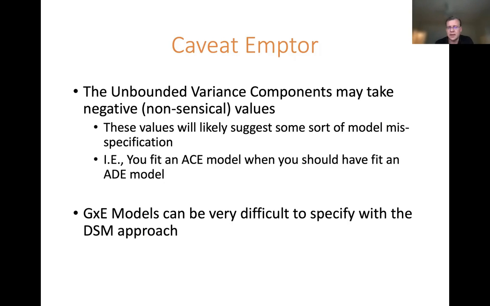And by looking at the negative C parameter, if it's significant, it can suggest that to you. Another limitation of the direct symmetric matrix approach is that it can be tricky to fit gene environment interaction twin models. And they can be really tricky to specify within the DSM approach. Not impossible, but definitely more difficult than in a Cholesky approach.